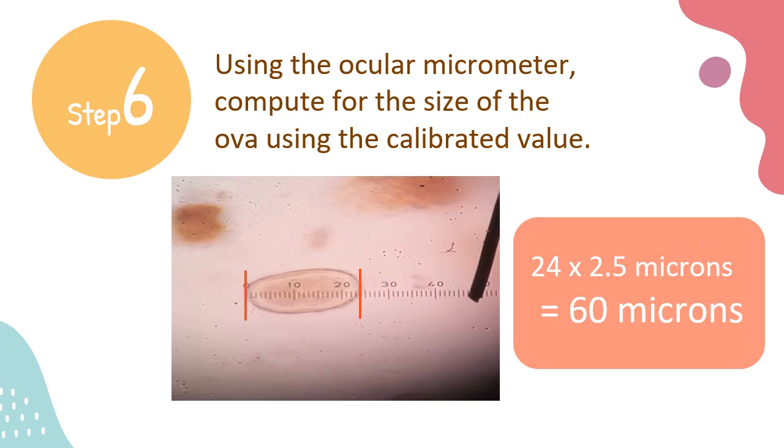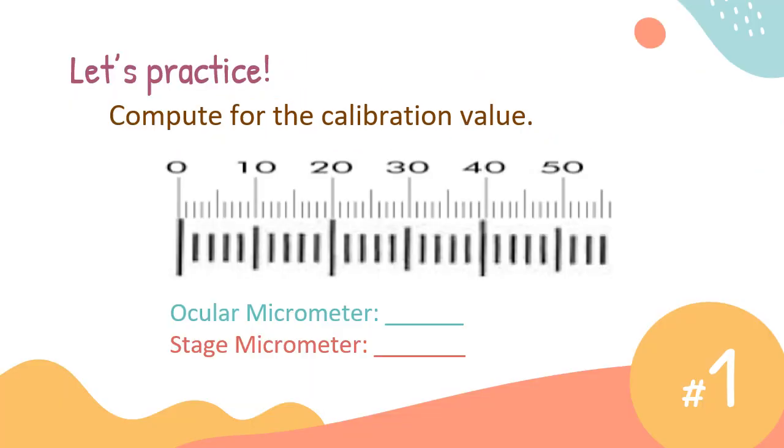Okay, so I hope you understood that. So let's practice. What about this one? Compute for the calibration value. So remember that the zero lines of the stage and the ocular micrometers must be directly superimposed, and find the next big line where they will superimpose.